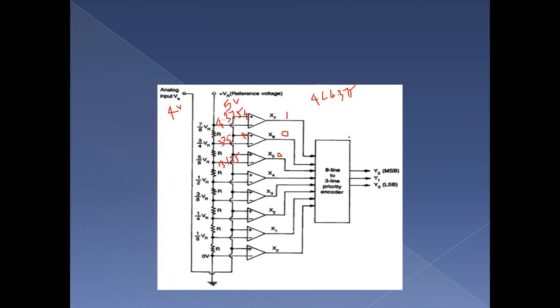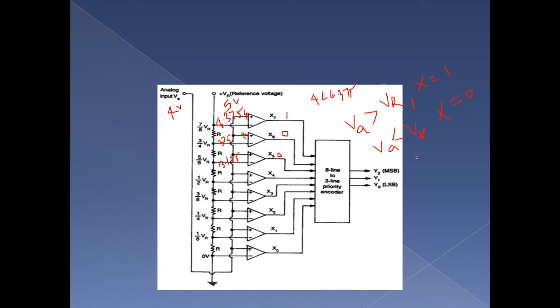Sorry, I have told it wrongly. We have seen that if VA is greater than the reference voltage VR, then X equals 1. If VA is less than VR, then X equals 0.